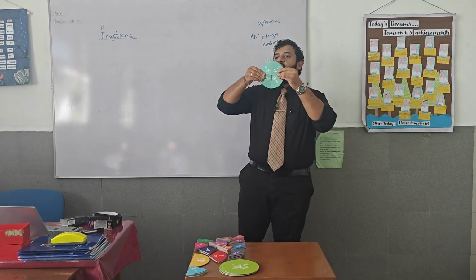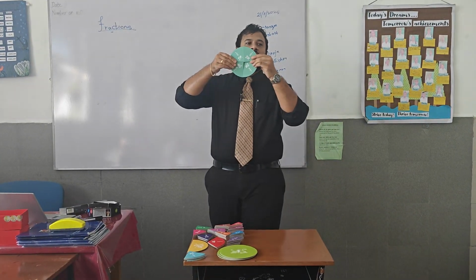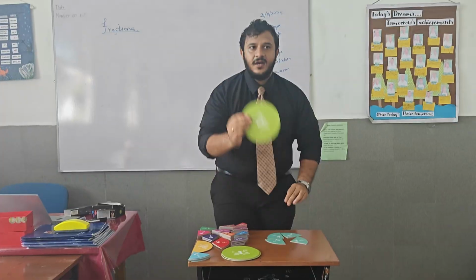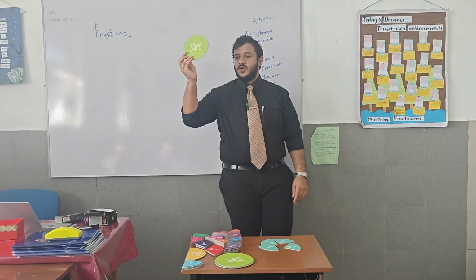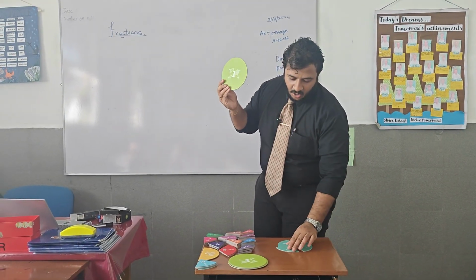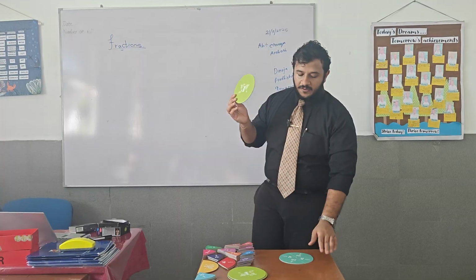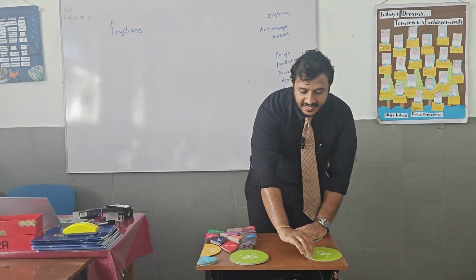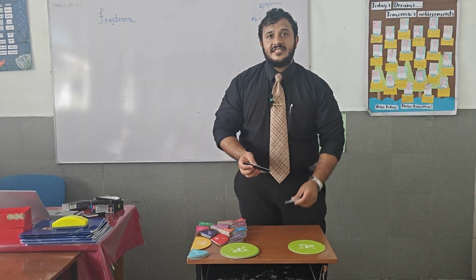That makes 1 whole round. So a 1 whole round is equal to how much? 1, a whole. So we call this a what? A whole fraction. Whenever we make a whole fraction, we replace it with a 1 whole. Does that make sense?